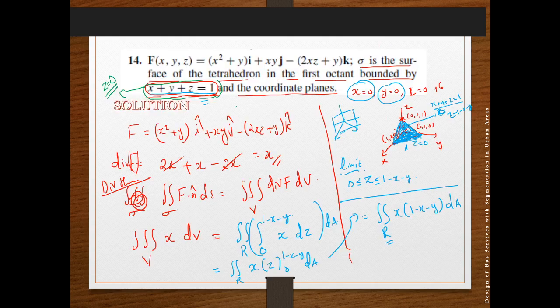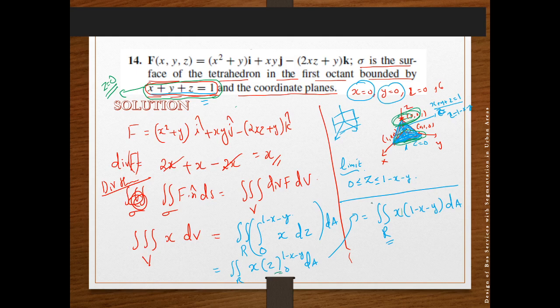And this is what you have studied in your first semester: how to evaluate a triple integral. In order to evaluate a triple integral, first we will find the upper surface and lower surface in terms of z, then we integrate.